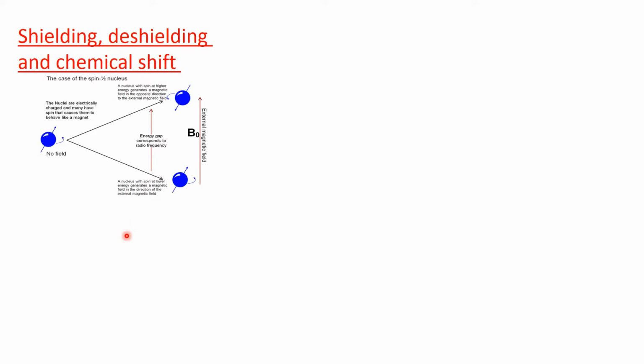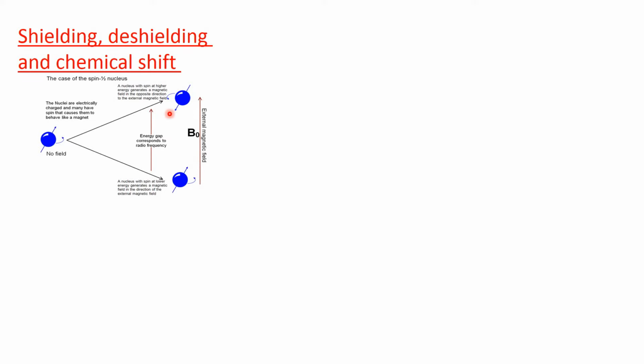In presence of the external magnetic field, the nucleus can take any one of these orientations. The orientation where the magnetic moment is parallel to the external magnetic field is the lower energy state or lower spin state of the nucleus.